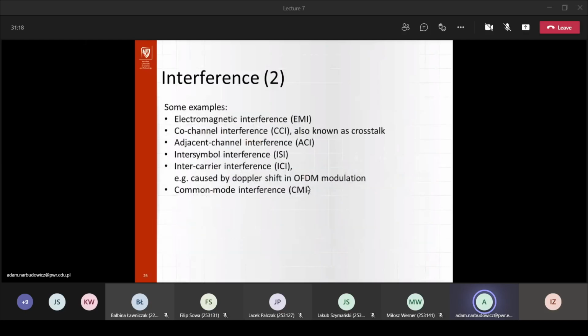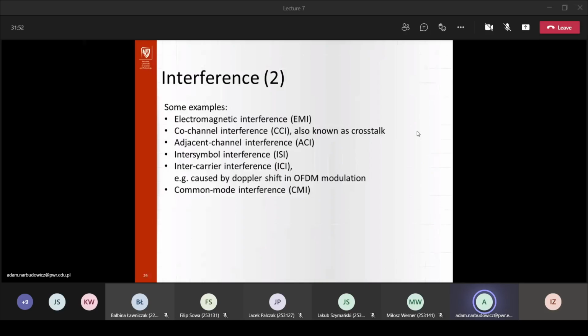Right. So basically, when we say interference, there are again quite a few types. There is electromagnetic interference, which is basically some electromagnetic signals induced into your electronic device. There's crosstalk, intersymbol interference, and so on and so forth. So it can take multiple forms.